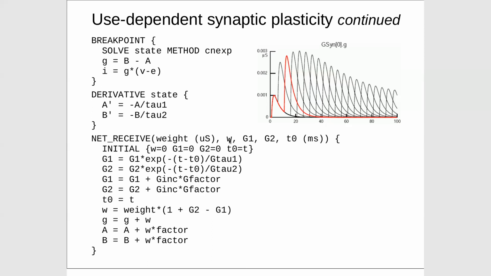We save W in the weight vector, and we save G1 and G2 in the weight vector, and we save T0, the time of the most recent activation, in the weight vector. So you didn't even consciously do anything about these things when you set up your model. You just connected the presynaptic spike source to the postsynaptic mechanism using a NetCon statement.